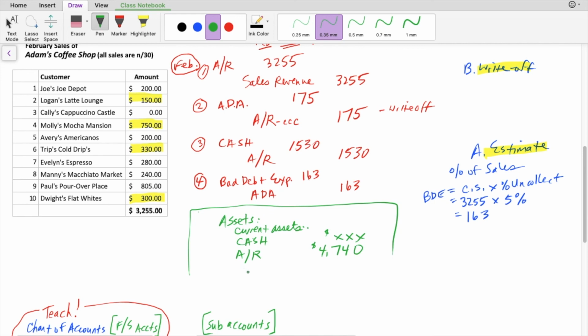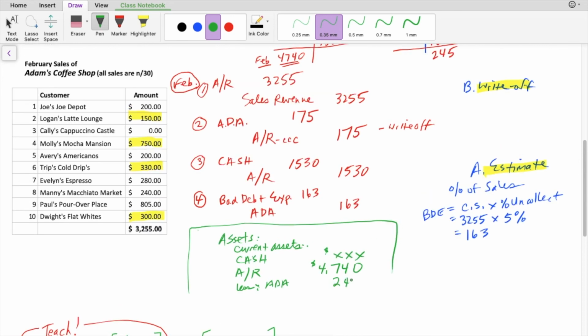Now, contra accounts, again, are those that have opposite balances in terms of debits and credits. Just like accumulated depreciation is subtracted from equipment or buildings as a contra asset, we are going to subtract the allowance for doubtful accounts from our accounts receivable. Well, we have $245 in that account.